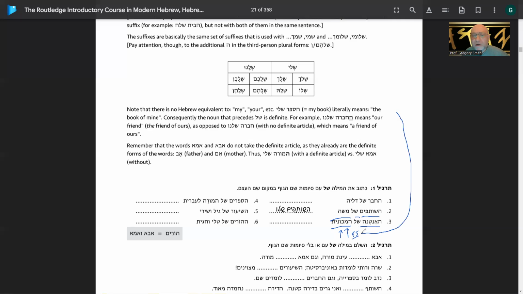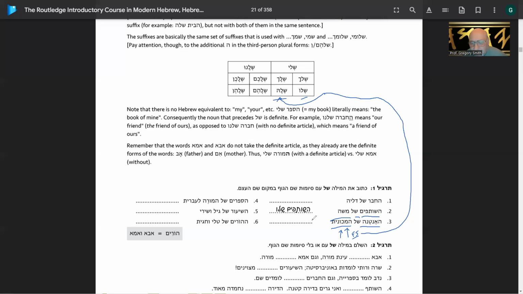So what do we do? We go up to our chart here and see antenna, shel, hamechonit. This is like him and her, or it and it. Well, what's this here? This would be like you, and this would be like I. So I'm thinking it might be this one here, shel, ha. I think that's right.